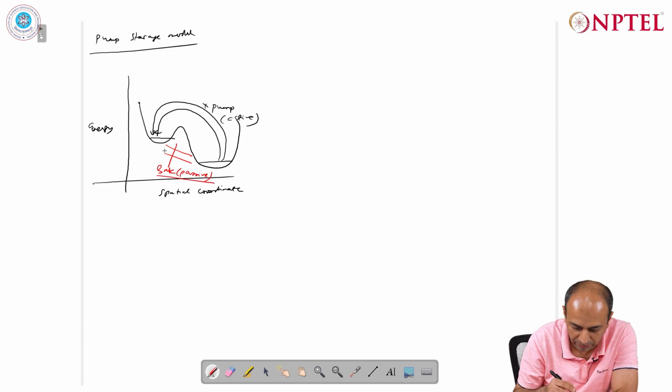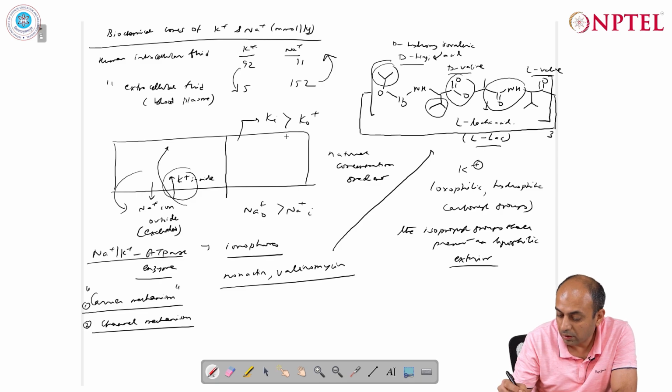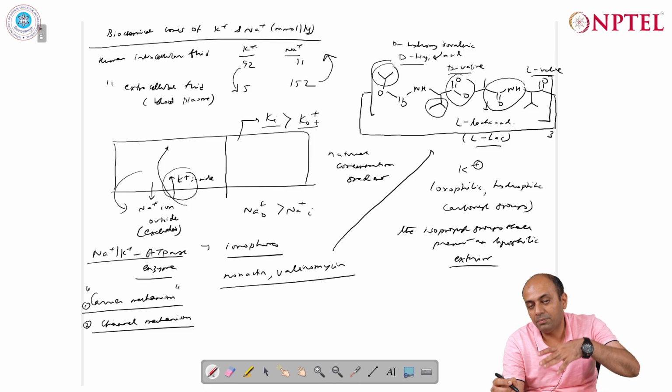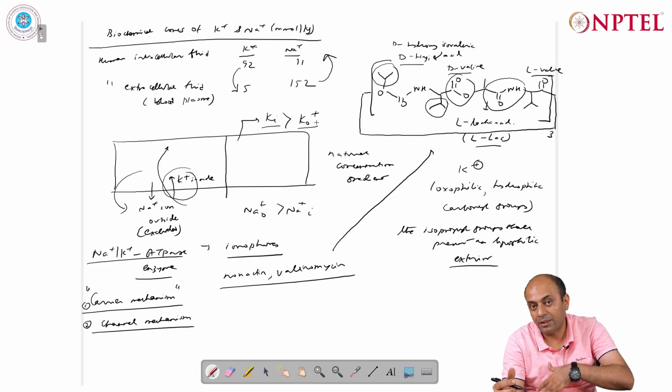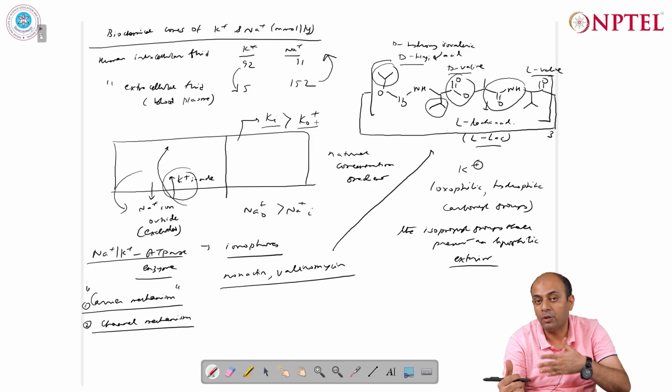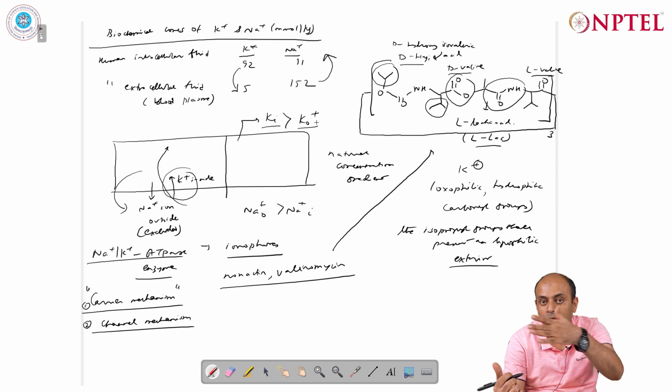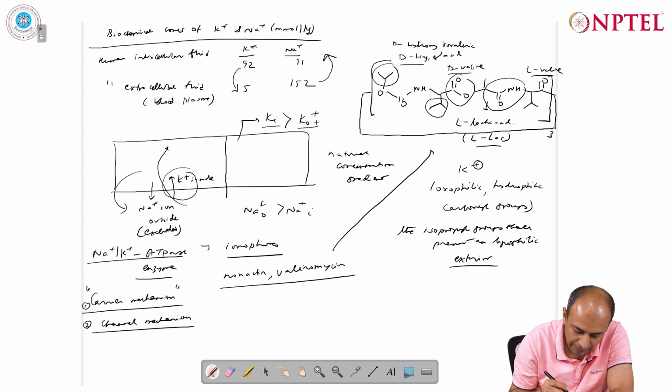Okay, so the natural mechanism, as we saw, is that the concentration of potassium ion inside is greater than that outside. So the natural mechanism is to go from inside to outside, but we actually need the reverse process. We need potassium ion to go inside, and this is done using a pump mechanism.